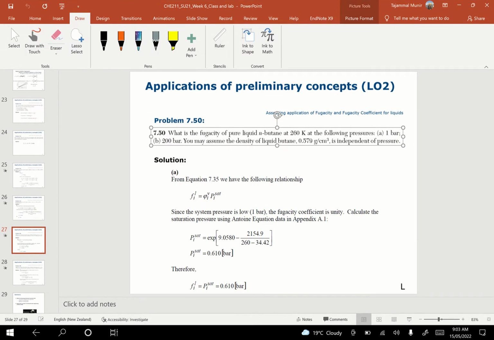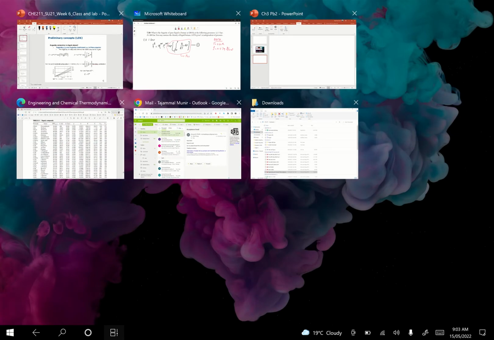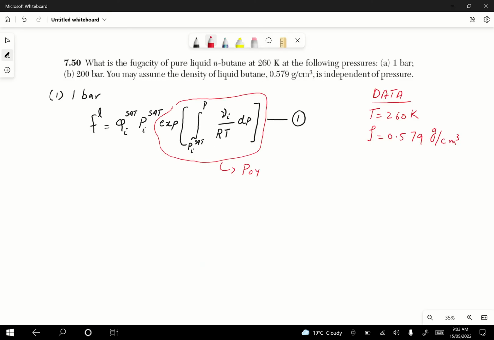I think this should be here in this slide. So this is the Poynting correction factor.